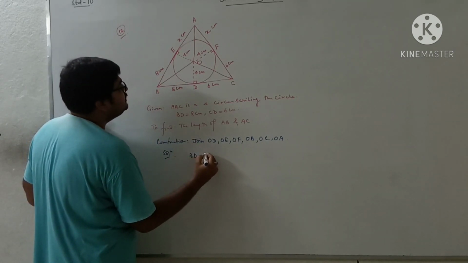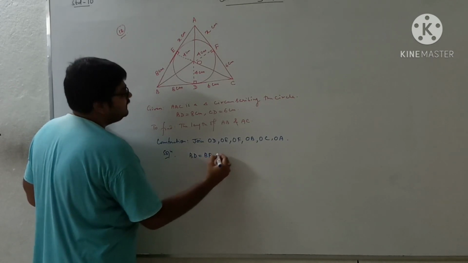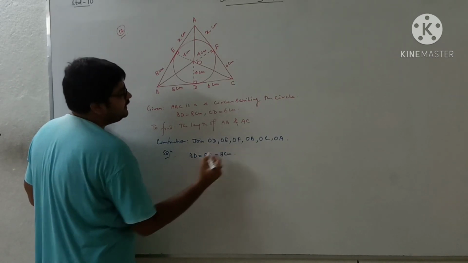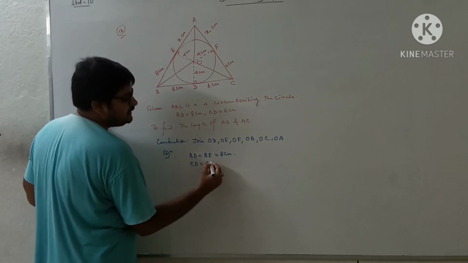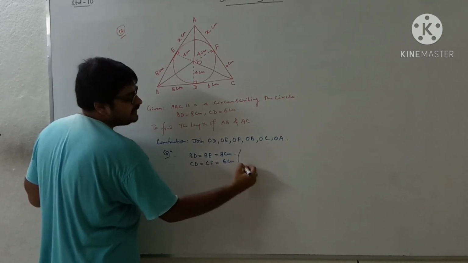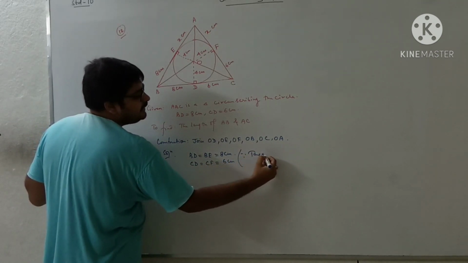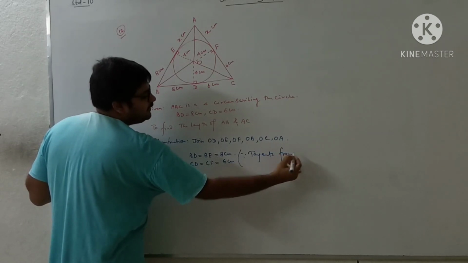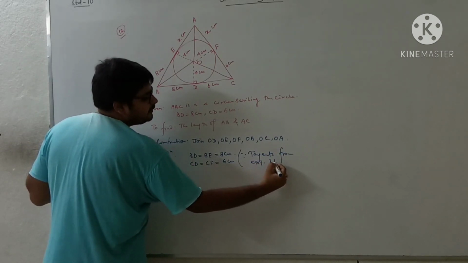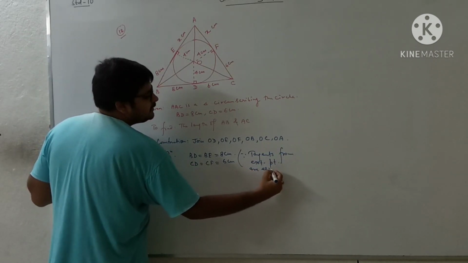BD is equal to BF equal to 8 centimeter and CD is equal to CF equal to 6 centimeter. What is the reason? Since tangents from an external point are equal to each other.